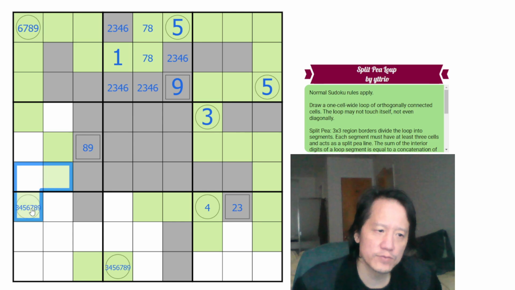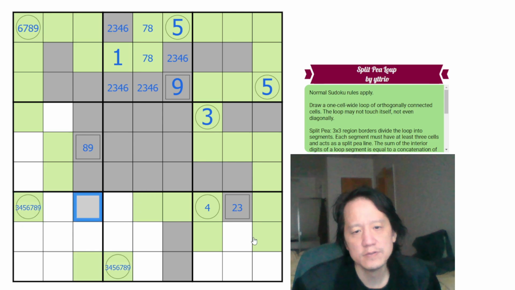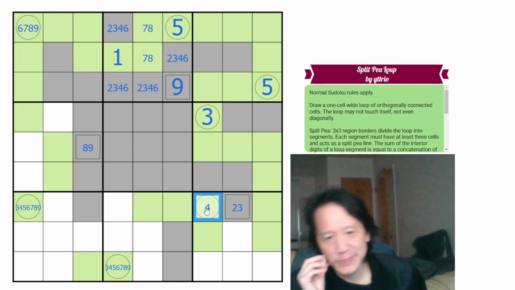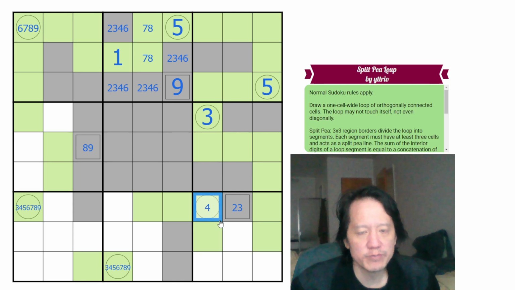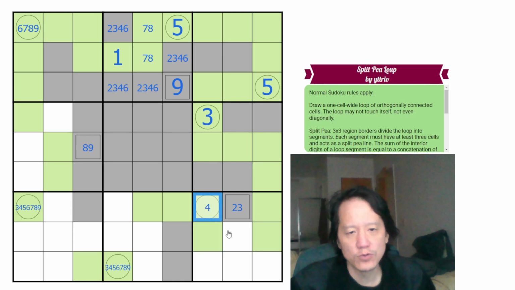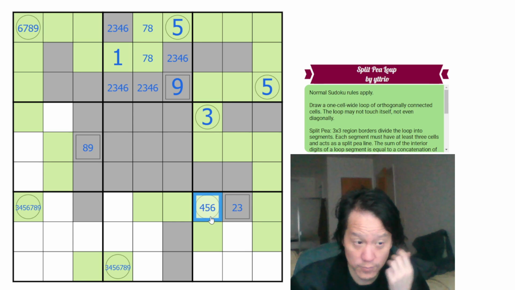If it goes this way, then it could be like that. That's possible. Could be like that. That's possible. Interesting. So if it does go this way, this obviously can't be 4. It has to be more. So this is 4, 5, or 6, right?